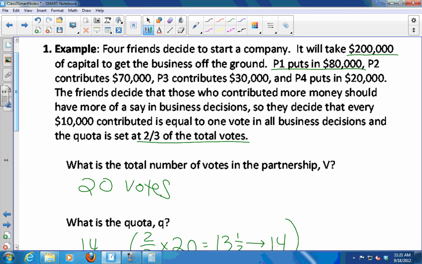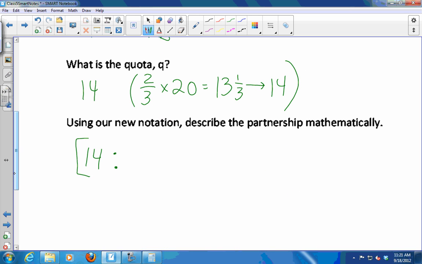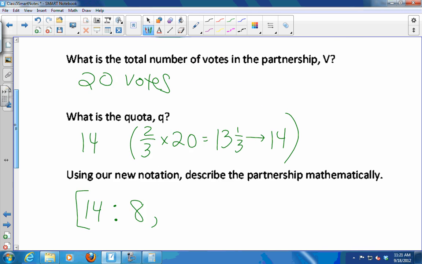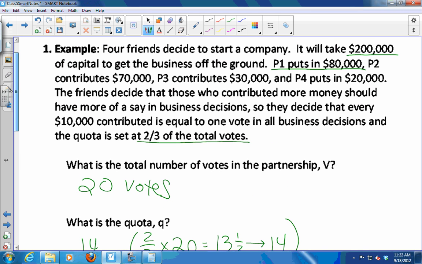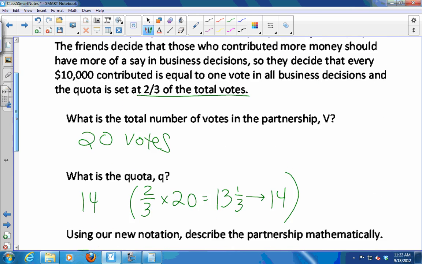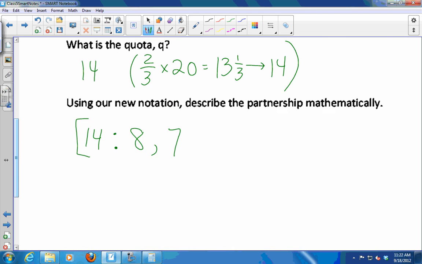Player 1. No. The subscript doesn't change. Player 1 is just naming the player. So we just put in an 8. Player 1 has 8 votes, so I put 8. Then who has the next number of votes? Player 2 has how many votes? Seven votes. One for every $10,000 they put in.